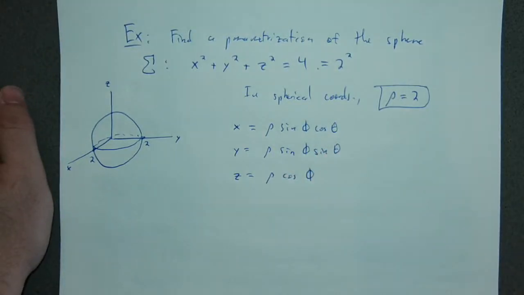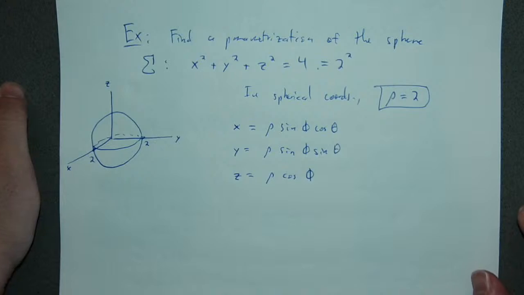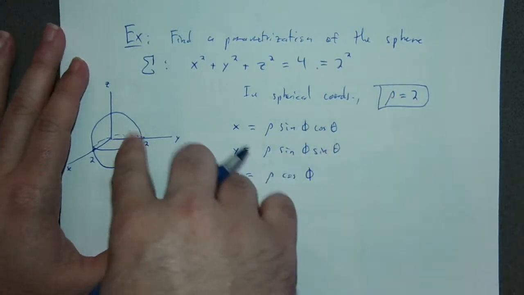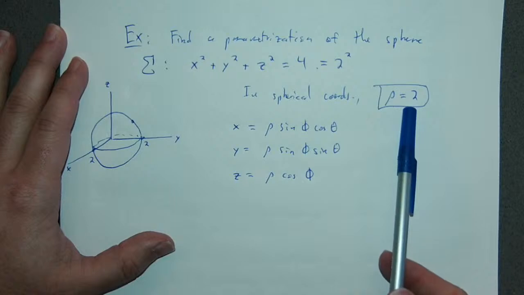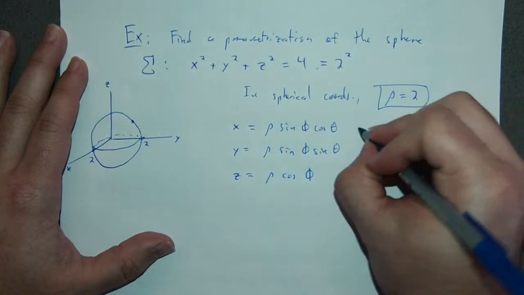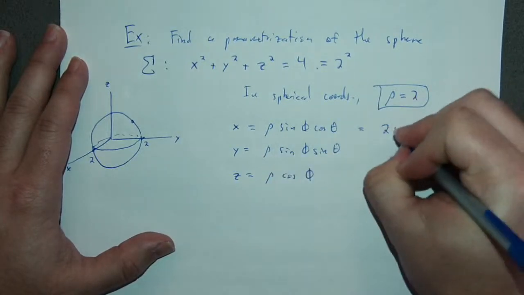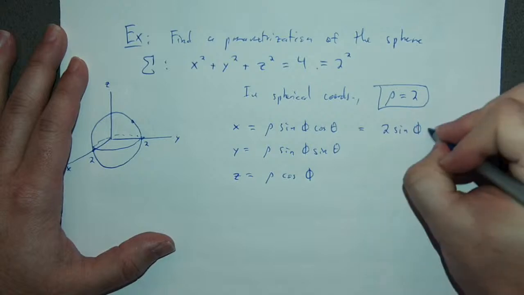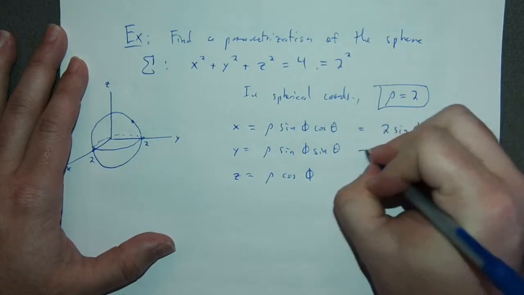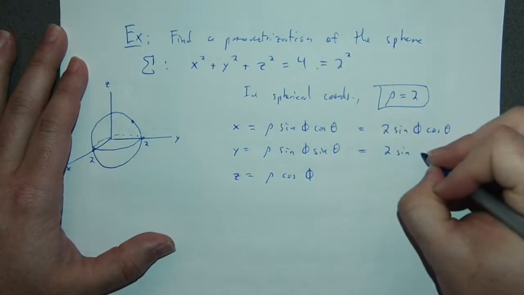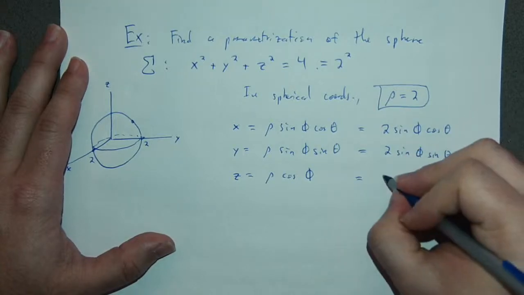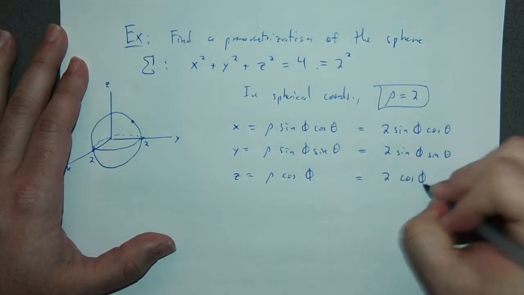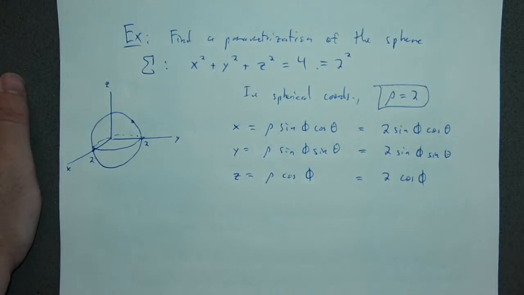Well, at every point on this sphere, rho is equal to 2. So really, this is 2 sine phi cosine theta, and this is 2 sine phi sine theta, and this is 2 cosine phi. Oh, but we did it.